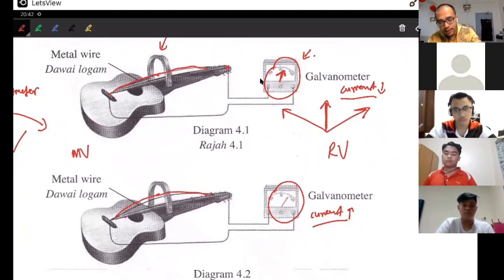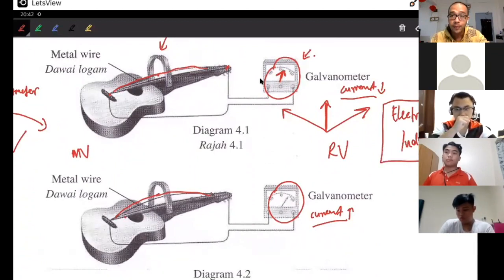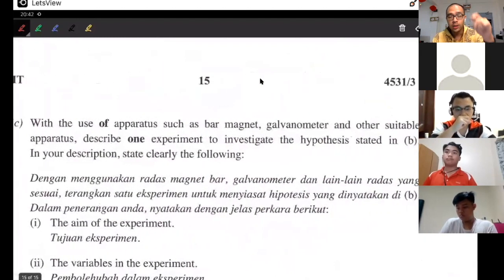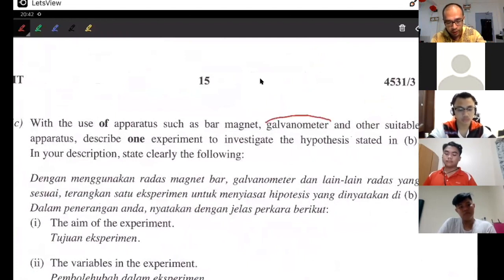So this is the electromagnetic induction experiment. And one of the biggest clues that this is the electromagnetic induction experiment is the galvanometer.